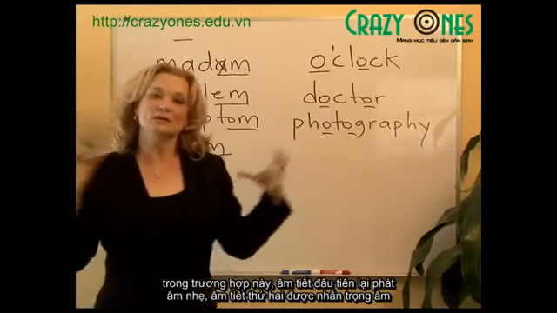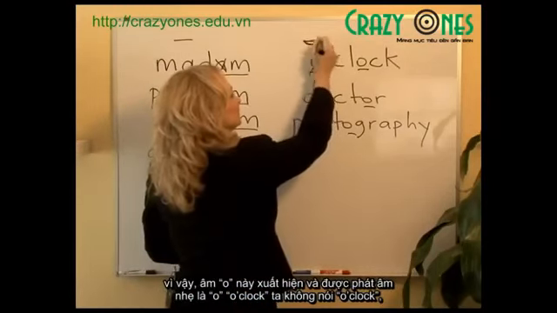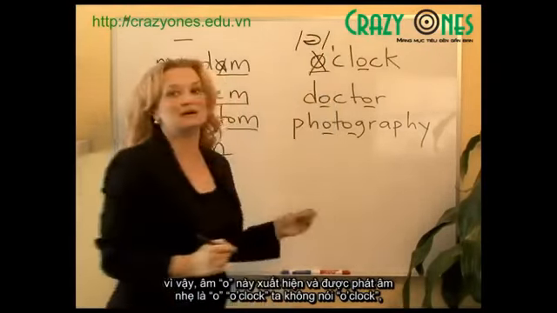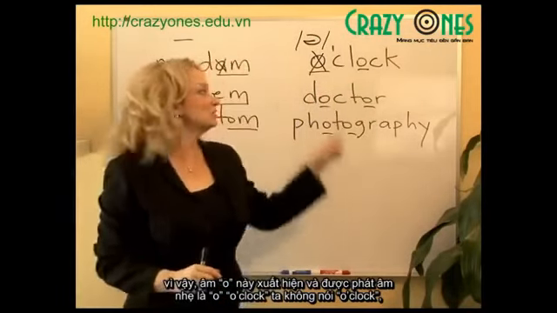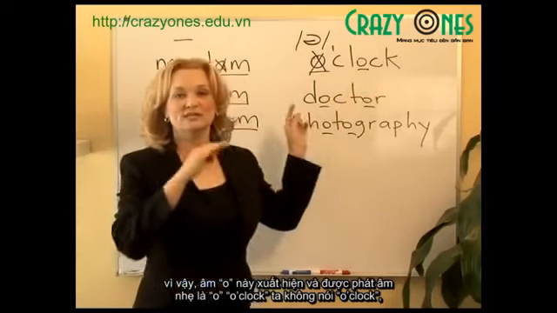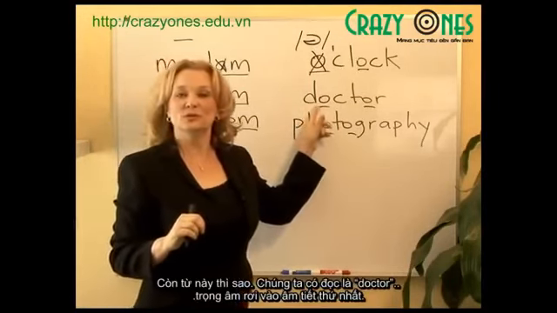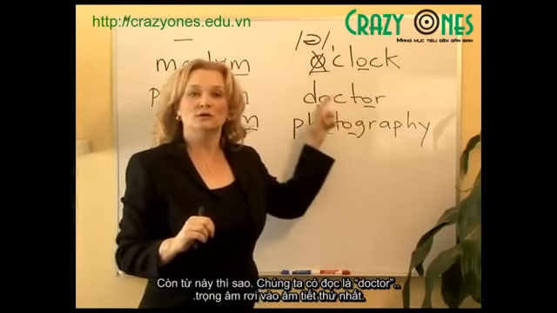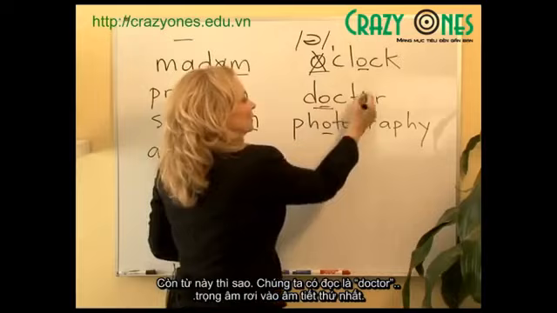The second syllable is stressed. So this one disappears and becomes this sound, so we say o'clock. We don't say o'clock, we say a clock. How about this one? Do we say doctor or doctor? No, we don't. We stress the first syllable, we reduce the second.